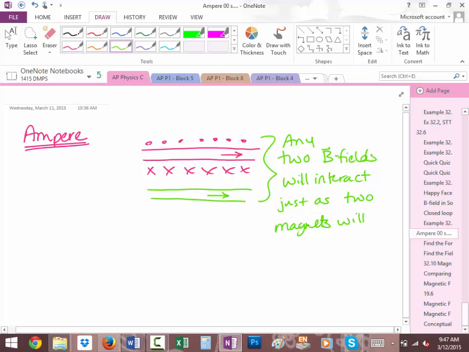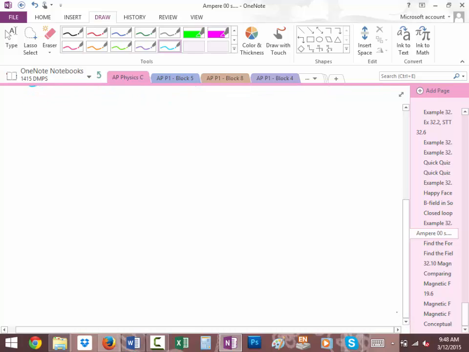And we're going to come back to that idea in just a little bit and actually look at the current carrying wire part. But I want to make it simple first. I want to go back to the idea of what a current is. What is a current? Movement of electrons, right?